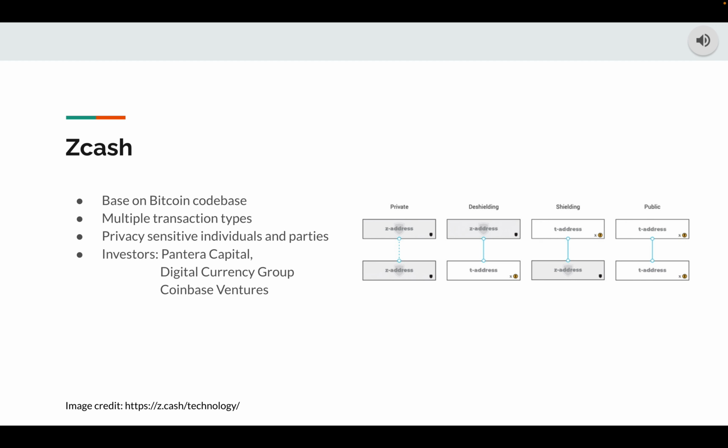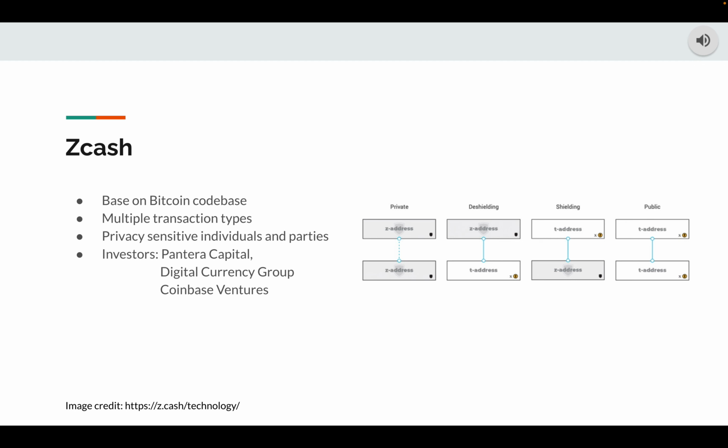A Z2Z transaction appears on the public blockchain, so it's known to have occurred and that the fee was paid, but the addresses, transaction amount, and the memo field are all encrypted and not publicly visible. This type of encryption is only possible through the use of zero-knowledge proofs.